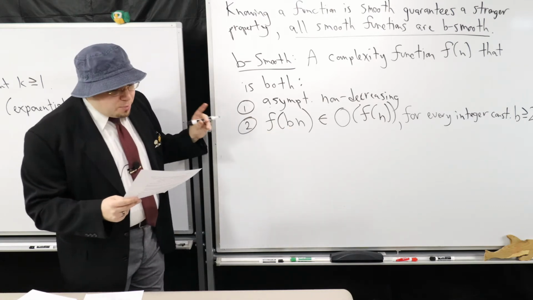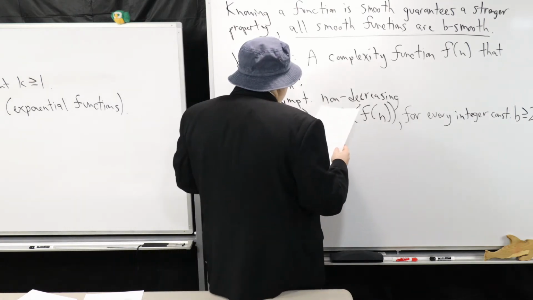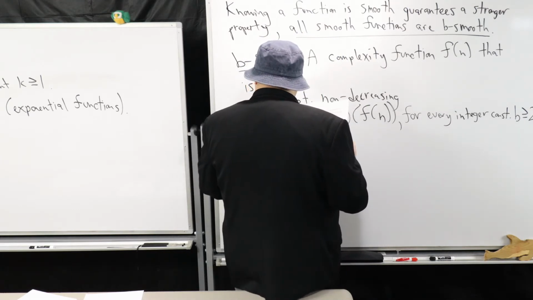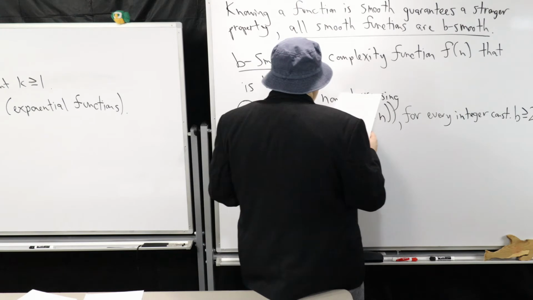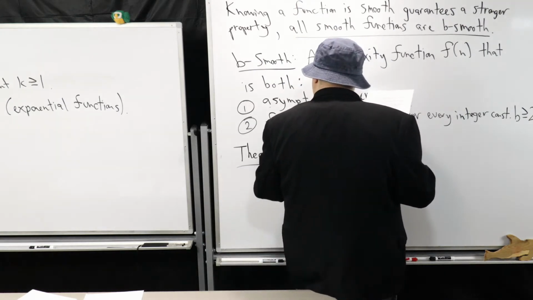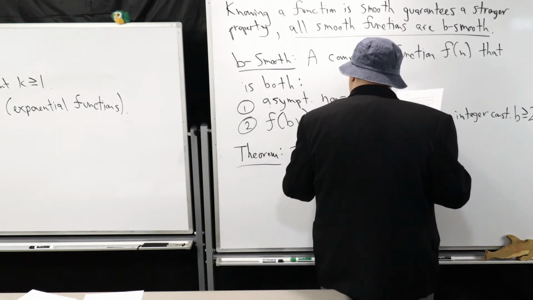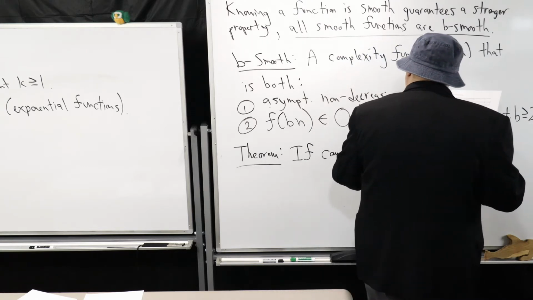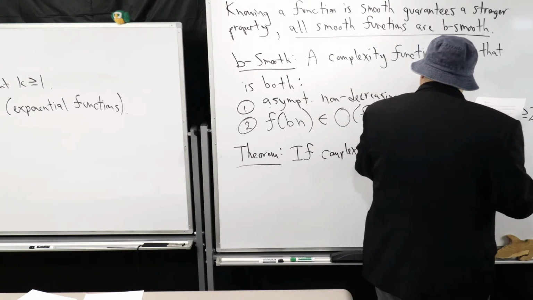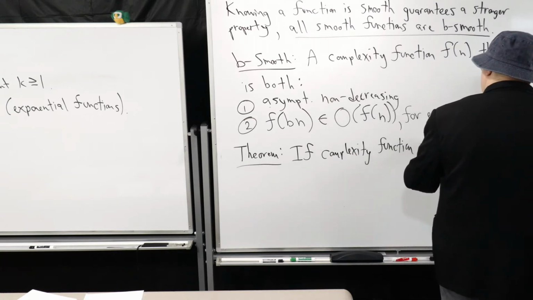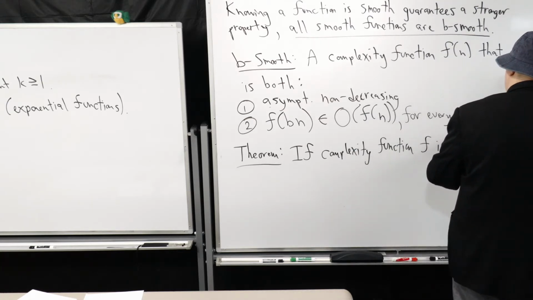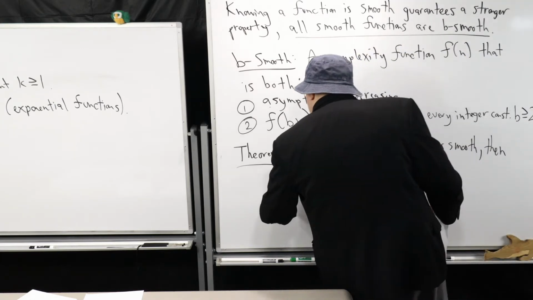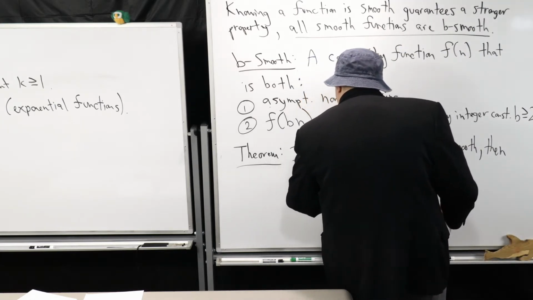So an important theorem that I want to point out, that's used in one of the more sophisticated proofs that I'm going to show you, is that if complexity function f is smooth, then f is b-smooth.